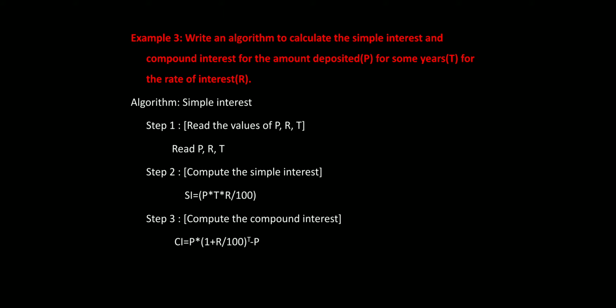For simple interest, one formula is there, you all studied in high school itself, that is PTR by 100, P into T into R divided by 100. This is the formula for simple interest. Again for compound interest, P into bracket of 1 plus R divided by 100 raised to T, minus P. This is the formula for compound interest.